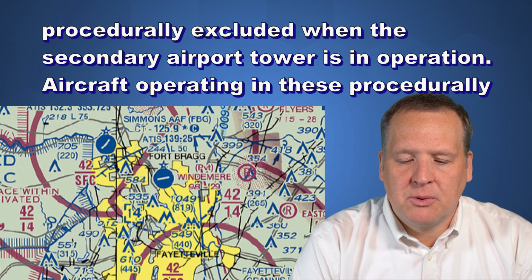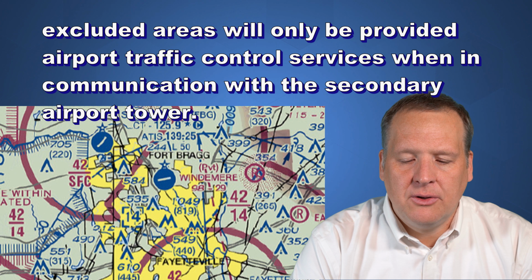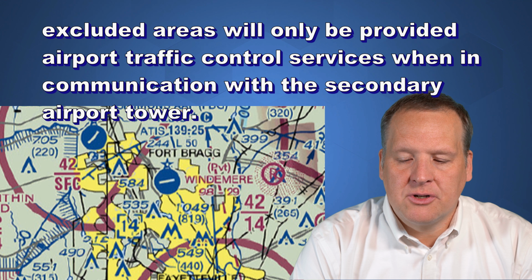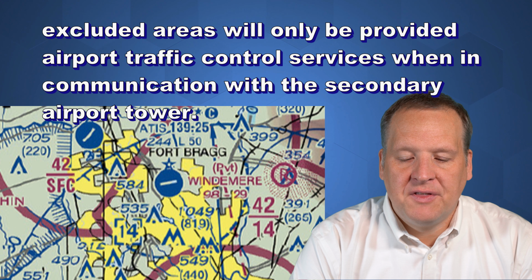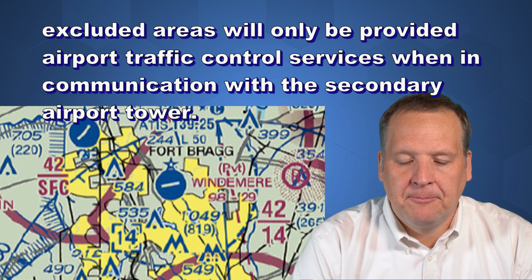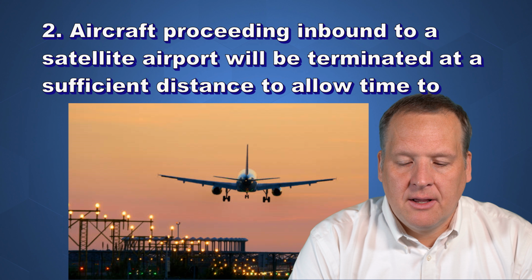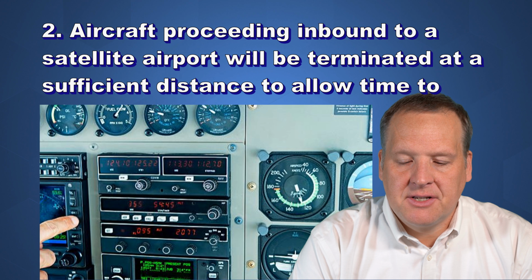Aircraft operating in these procedurally excluded areas will only be provided airport traffic control services when in communication with the secondary airport tower.